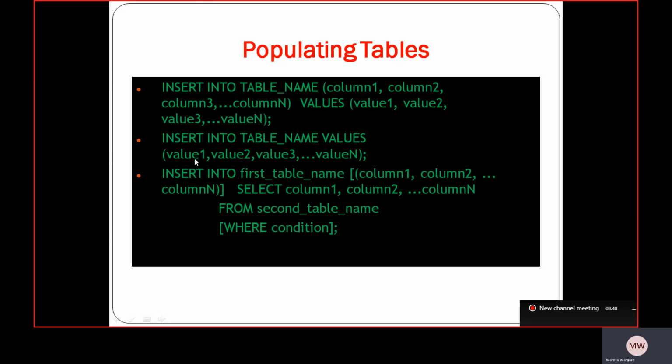Or you can write INSERT INTO table name VALUES, in brackets value 1, value 2 up to value n, close the bracket, semicolon. Otherwise, you may also write INSERT INTO first table name, in brackets column 1, column 2 up to column n, SELECT column 1, column 2 up to column n FROM second table name, and in brackets a WHERE condition should be there, and a semicolon.